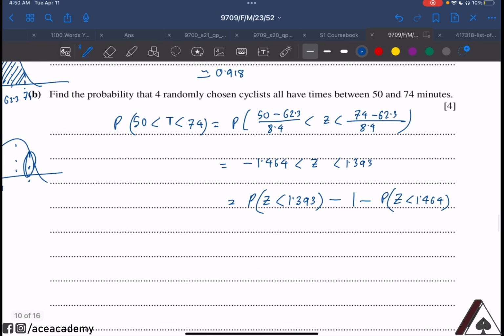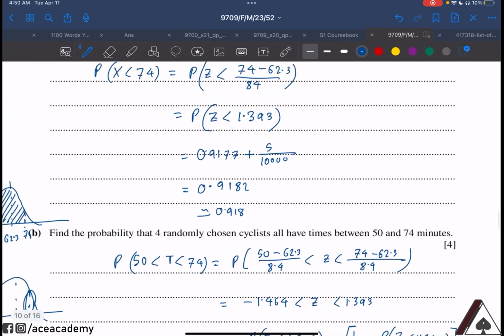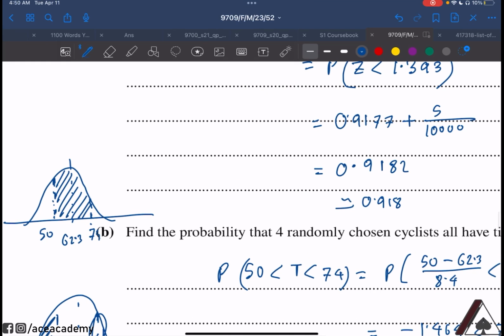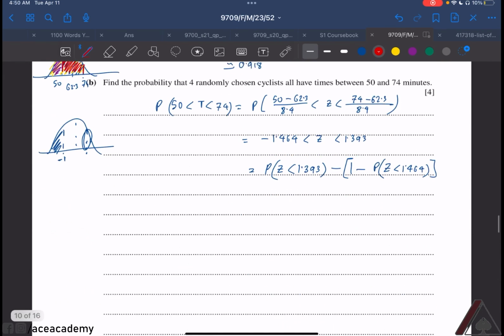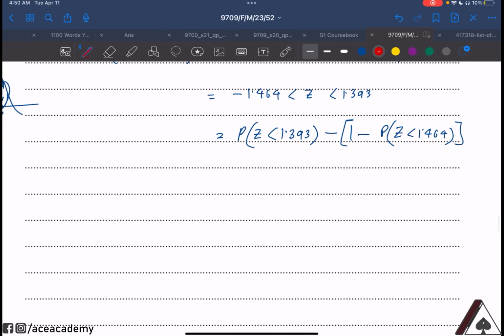So basically what we are doing over here is we are calculating the probability from here and then subtracting this part and then subtracting this part. Then we can get this part, which is the probability for time between t equals 50 and t equals 74 minutes. All right.